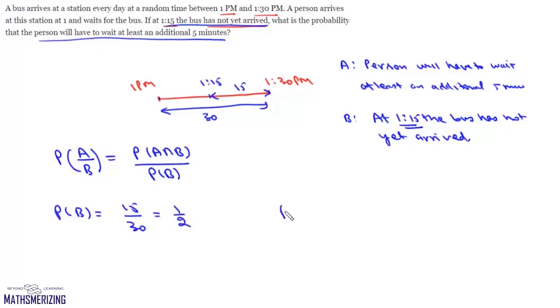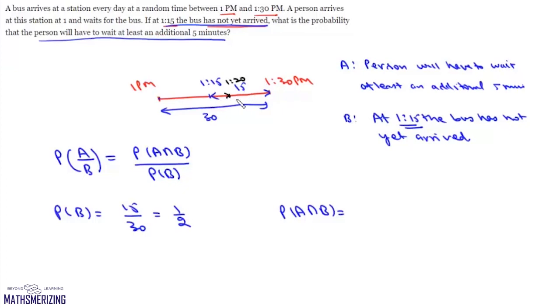Now we'll find this probability P(A intersection B). It is given that at 1:15 the bus has not yet arrived and the person will have to wait at least an additional 5 minutes. So that means it corresponds to the case where this bus arrives after 1:20. So if the bus arrives after 1:20, this person has to wait at least an additional 5 minutes.